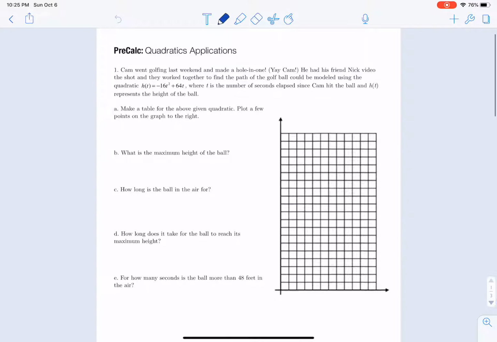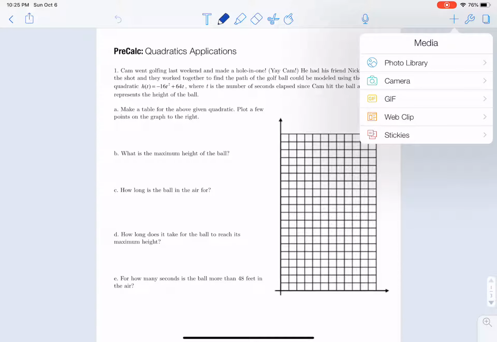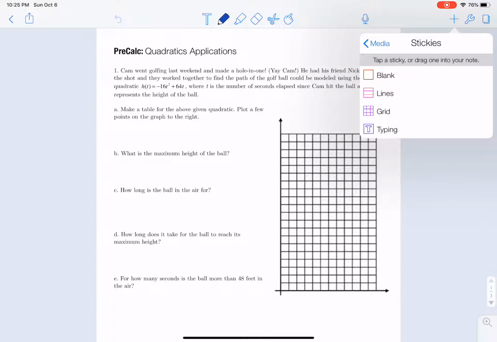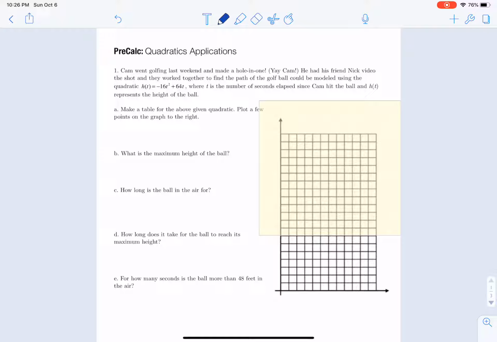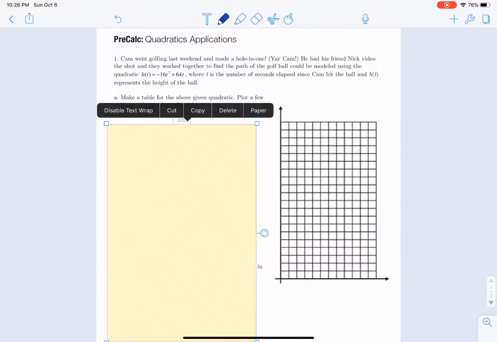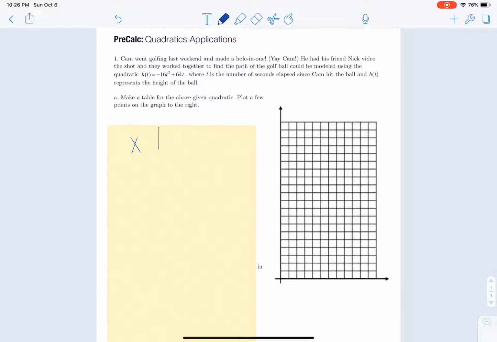Let me insert a sticky off to the side. So it looks like this. I will have some x values and some y values, or some t values and some h of t values.